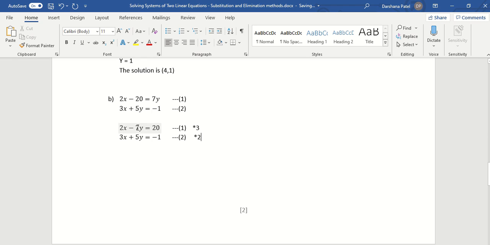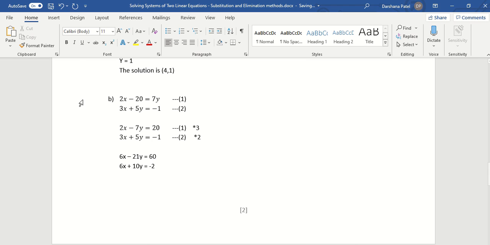You can multiply the first equation with 5, the second equation with 7, and make both y's become 35. It is your choice. So by doing this, my new equations become 6x minus 21y equals 60, and 6x plus 10y equals negative 2.